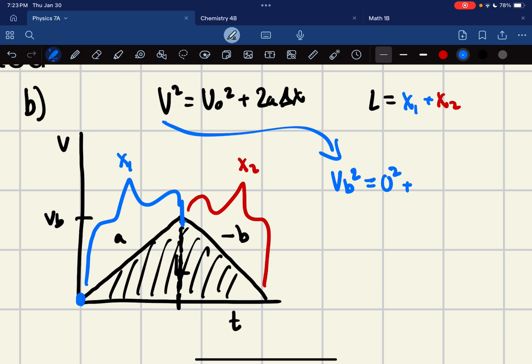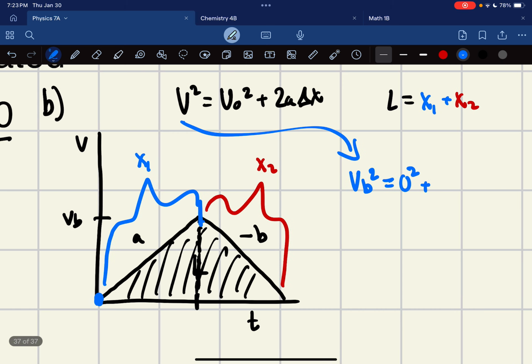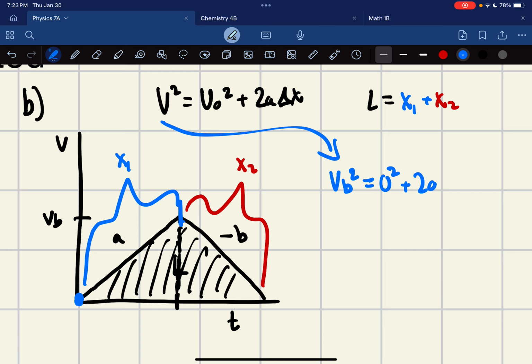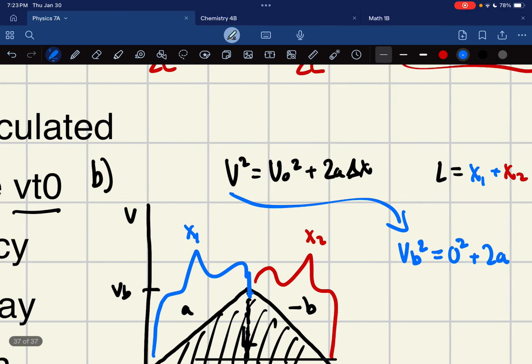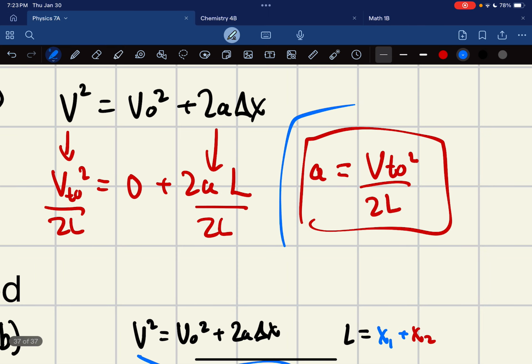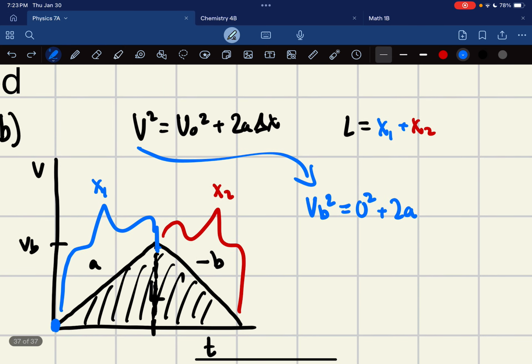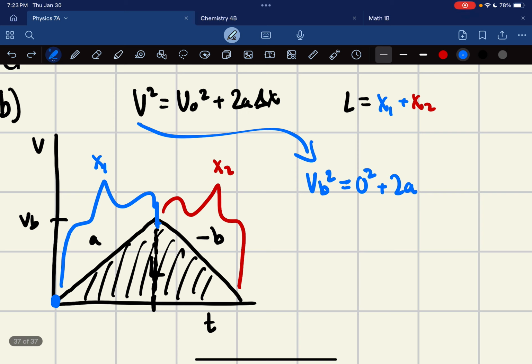And our acceleration is going to be given by 2a. Technically we already solved for what acceleration is up here in the first half, so we could plug that in if we want. I'll do that at the end just to keep things simpler. And so finally the change in x is going to be x1.